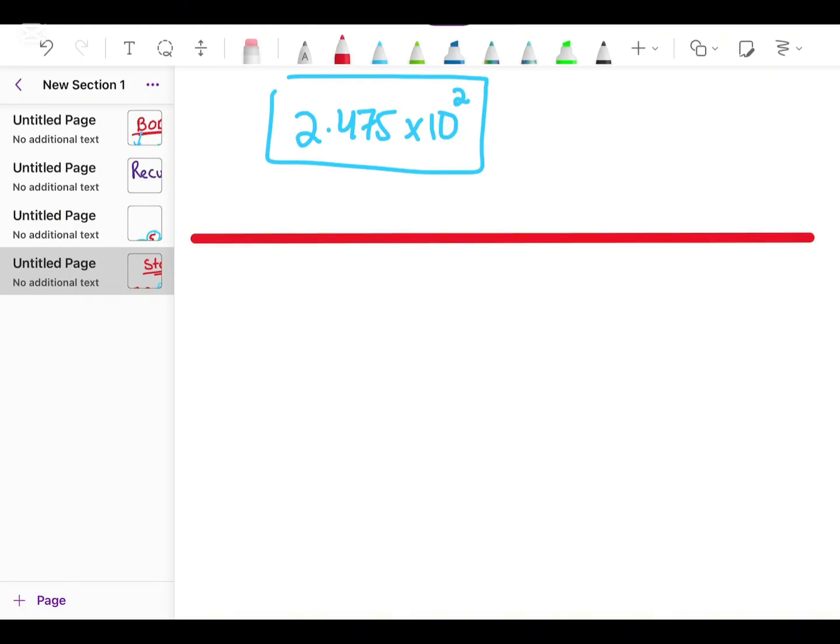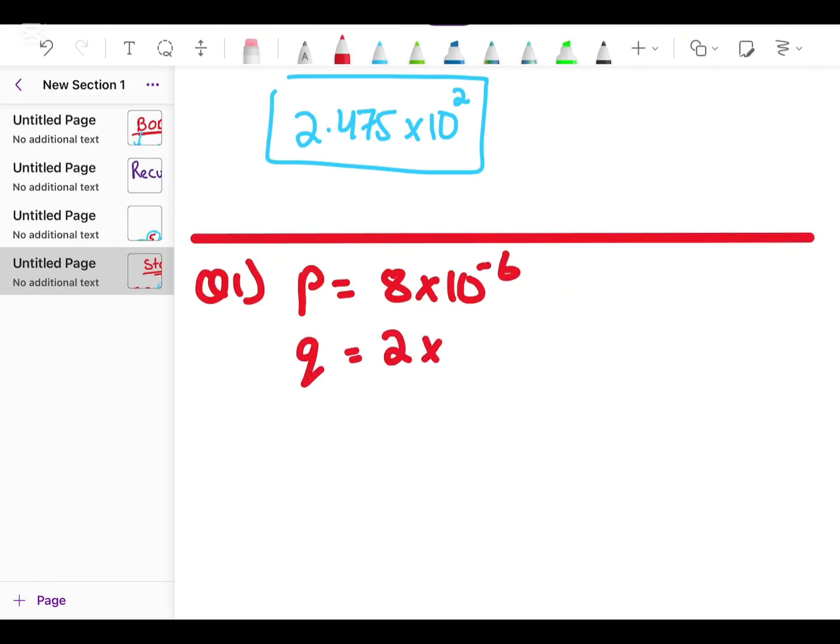Now for example, I have a question. P is given as 8 multiplied by 10 raised to the power minus 6, and Q is 2 multiplied by 10 raised to the power minus 5.